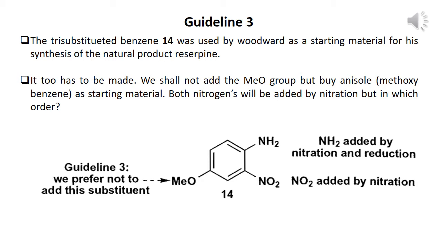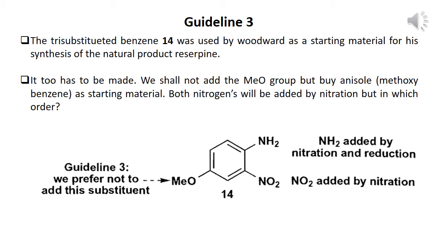Rather than using benzene, methoxybenzene, which is called anisole, is used. Already commercially available, prepared anisole is used for the synthesis of this compound 14, and then after that nitration of anisole is done, and how that nitration is done, that is also managed.